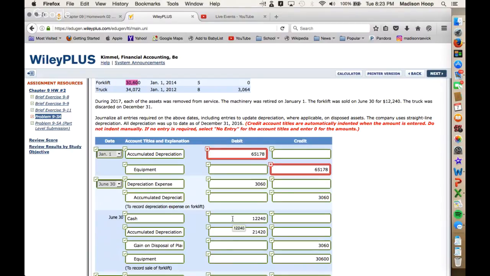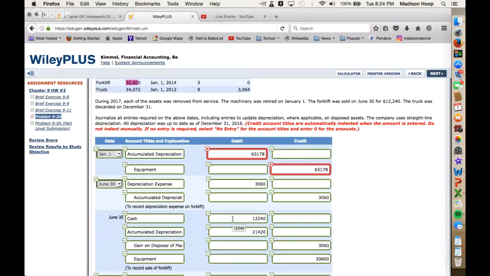For the accumulated depreciation, we have to figure out how much depreciation has happened since we bought the item, which is going to be the $30,600 minus the salvage value of 0 divided by 5. We had it for 3 years, so we need to multiply that by 3. And then we also need to add the 3,060 because we had it for half a year as well.